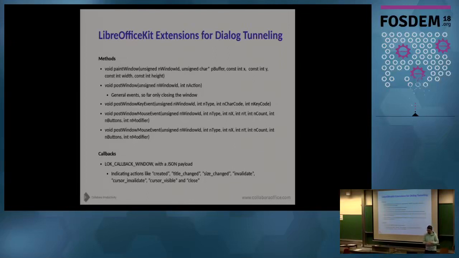Then posting of key events, mouse events, so when the user does something in the client part, you are able to route it to the LibreOffice core. And then, of course, lots and lots of callbacks from the VCL back to the LibreOffice kit and to the online. So stuff like created, title change, size change, invalidate, cursor was moved, cursor was made visible, and closing the dialog.